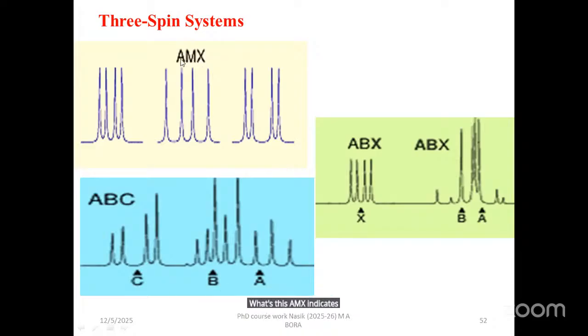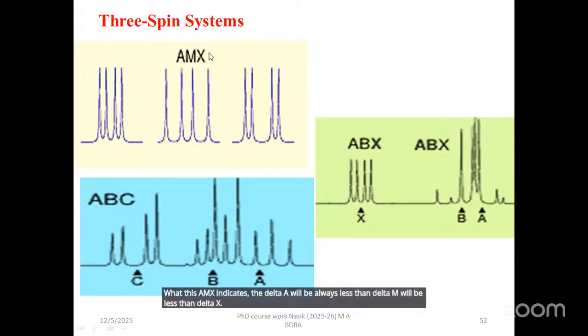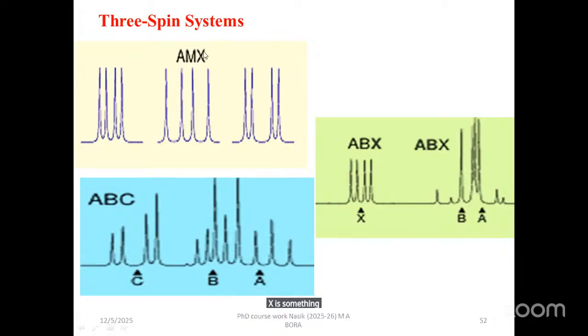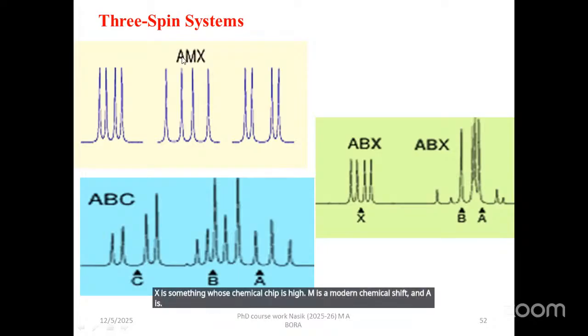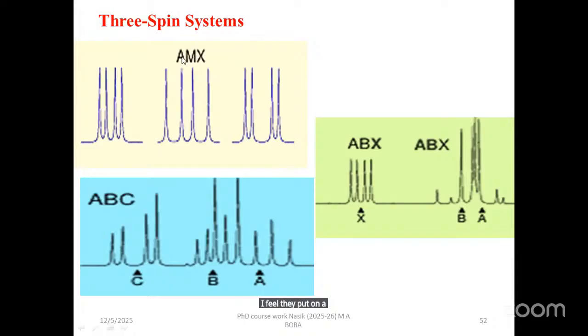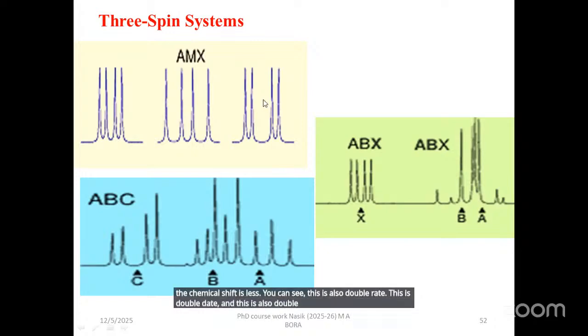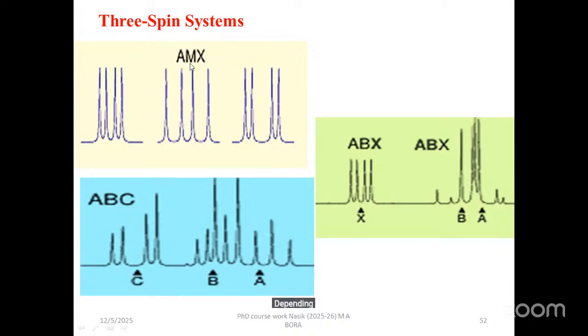That delta A will always be less than delta M, which will be less than delta X. X has a high chemical shift, M a moderate chemical shift, and A is a shielded proton with a low chemical shift. Depending upon JAM, JAX, and JMX, we can see this type of doublet.